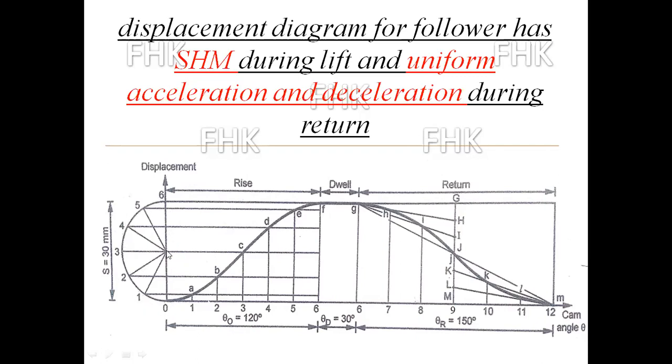With this as the center and 15 mm as the radius, because this is a bisector, I divide the 30 mm into two parts, so one part is 15 mm, which is the radius of this half circle. I take that distance in the compass and, with this as the center, draw the half circle. After drawing the half circle, I will divide it again into 6 equal parts. Why?